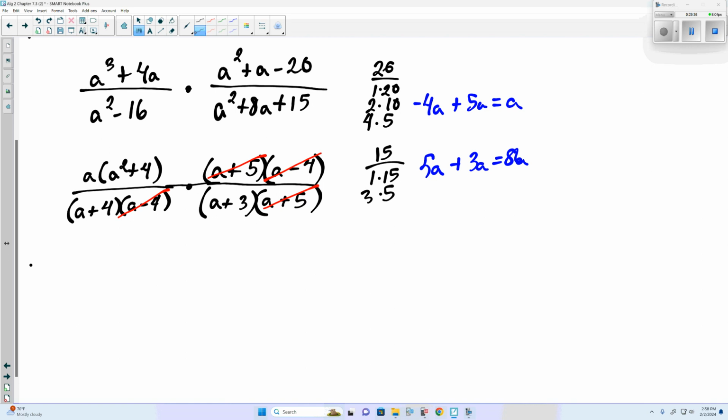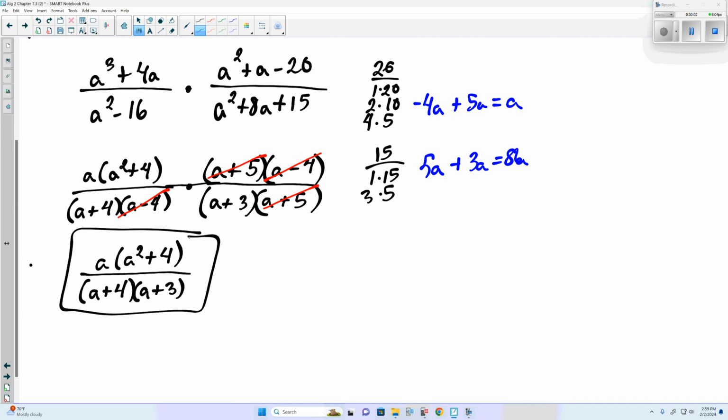No. It might be tempting to want to cancel out the A plus 4 and the A squared plus 4, but since the A is not the same, it's A squared and A, we can't cancel that out. So that leaves us with A times A squared plus 4 on top, and the denominator would be A plus 4 times A plus 3.